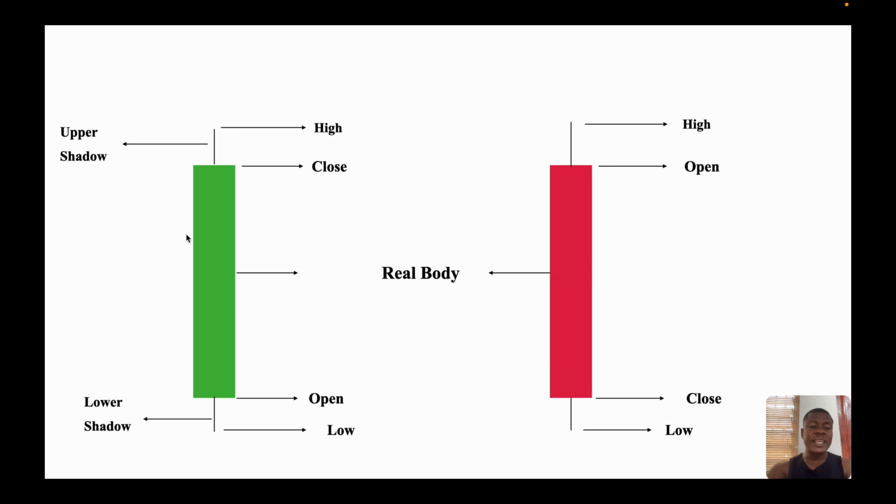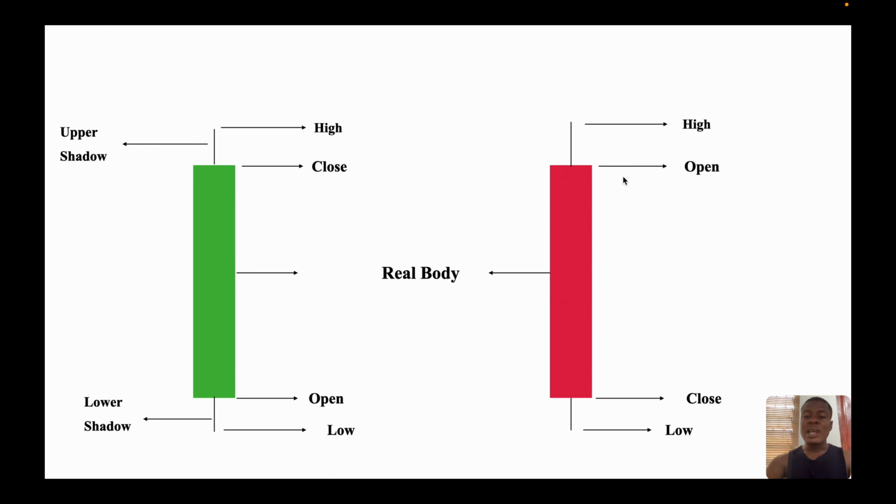With a bullish candle, you always notice that the closing price is above the open price. That is what makes a candle a bullish candle. When the closing price is above the open price, it means that price moved from a lower point to a higher point, and that means bullish or buyers are in control of the market. Therefore, they have moved the price from the opening price to a higher price, which is the closing price.